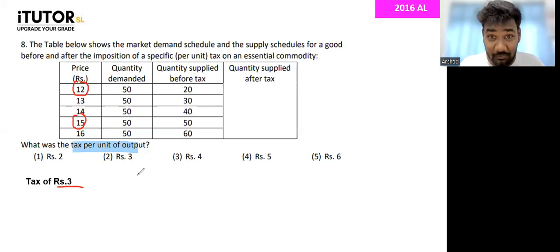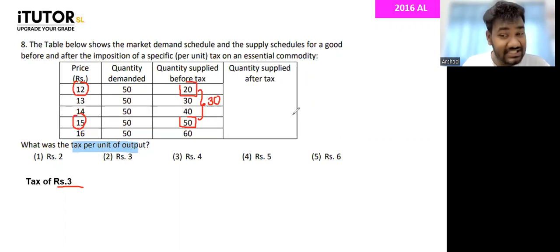Then what is step number 2? Step number 2 is find the difference in quantity supplied at those two prices. At price 12, quantity supplied is 20. At price 15, quantity supplied is 50. So what is the difference in quantity supplied at those two prices? The difference is 30.